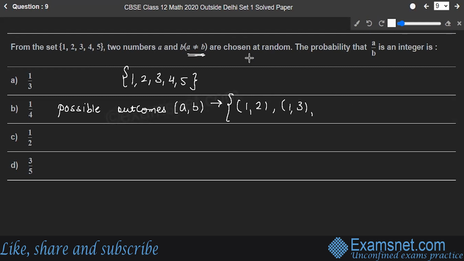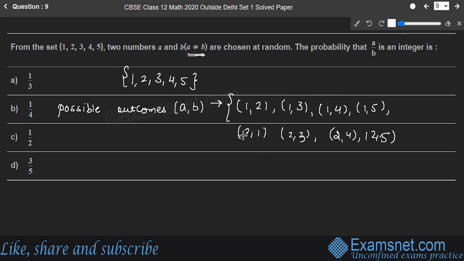Because it is given that A is not equal to B, so I'm not choosing 1, 1. Then 1, 4, 1, 5. Then you have 2, 1, 2, 3, 2, 4, and 2, 5.